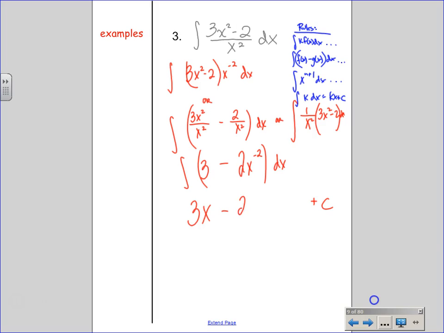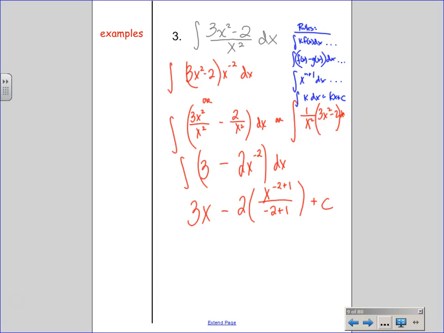Constant multiple, the -2 is 1. What do we do with x to the -2? We add 1, of course. You're reorienting your brain. You're not deriving, you're integrating. You're not bringing down, you're going up.